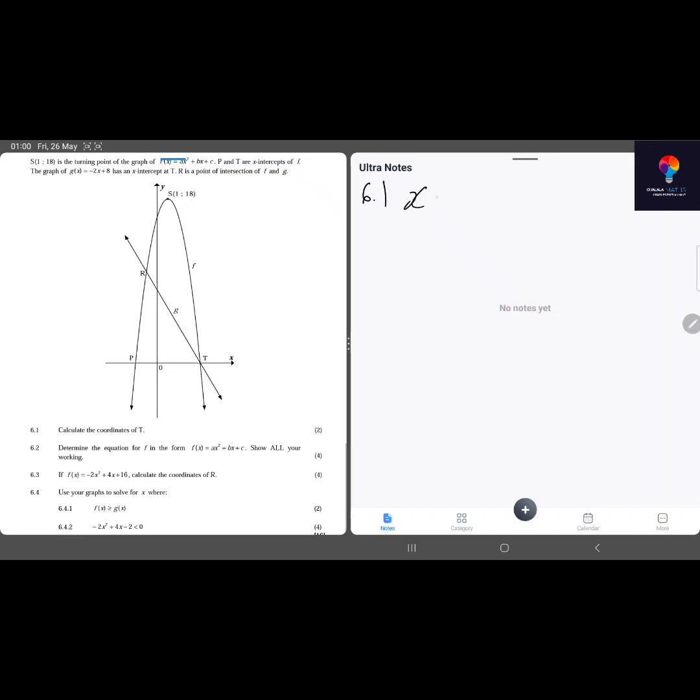For an x-intercept, y is going to be 0. Since g of x has the equation, not like the parabola, which we don't know the equation of, we're going to use g of x, which is the straight line.